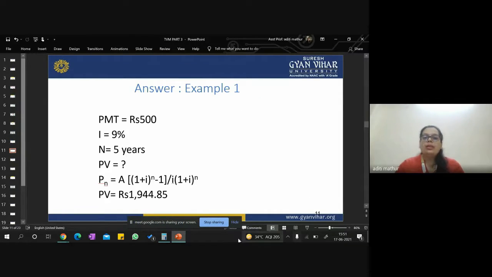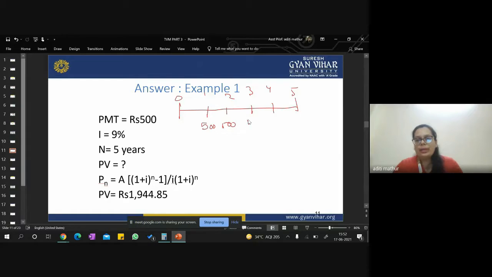So what I am saying is that you have a timeline of 5 years, and at the end of every year you are going to receive 500 rupees, right? And the rate is 9%.